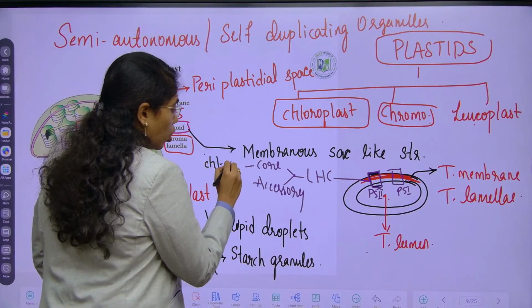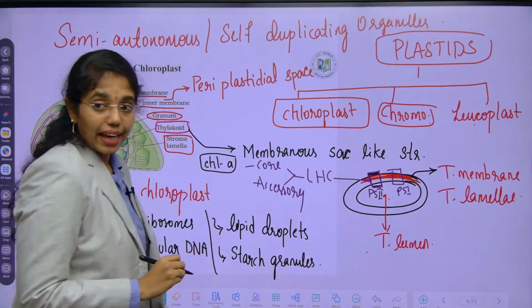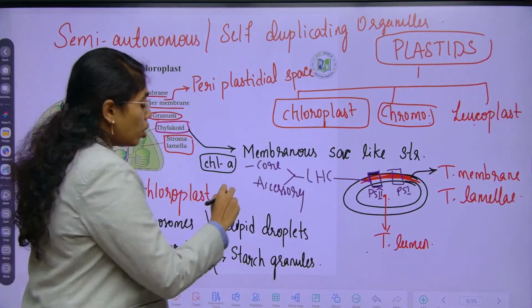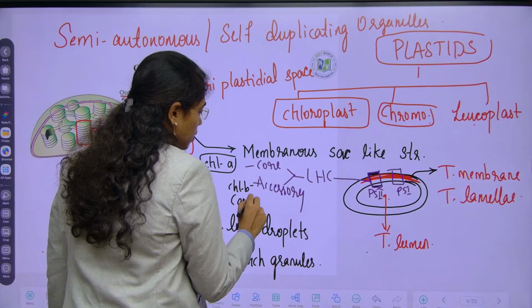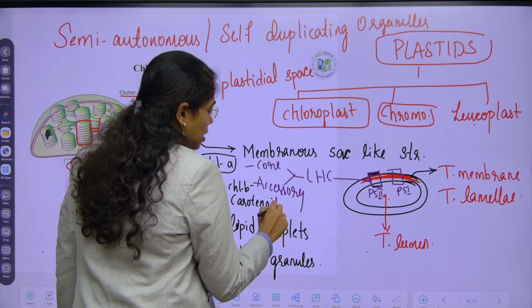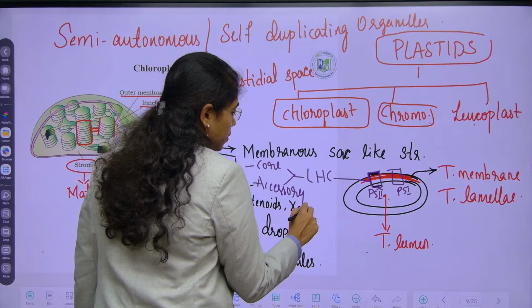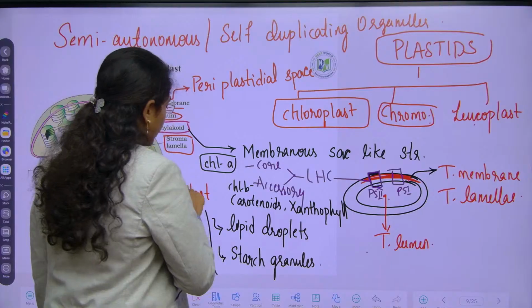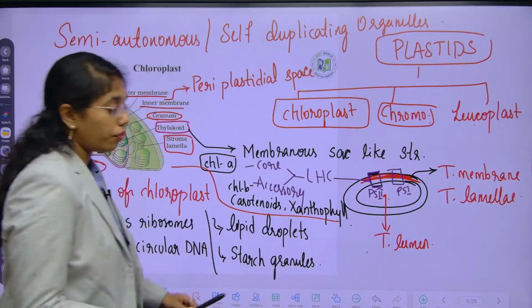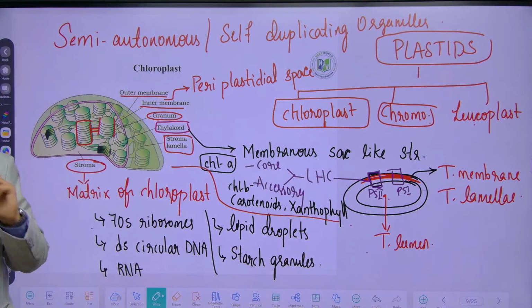Core pigments include chlorophyll A. Accessory pigments include chlorophyll B, carotenoids and xanthophylls, right.